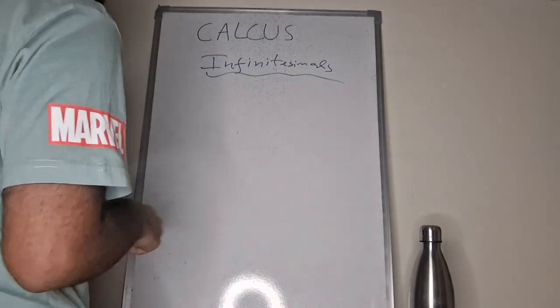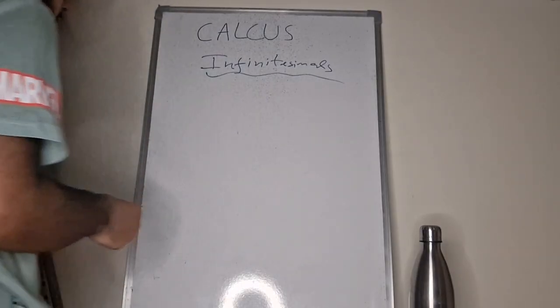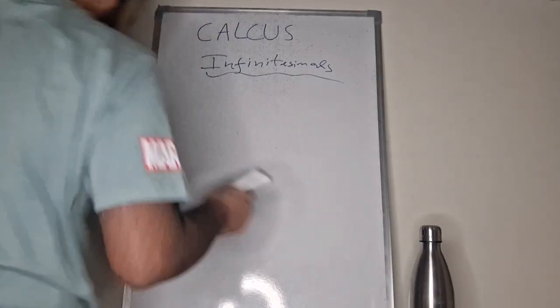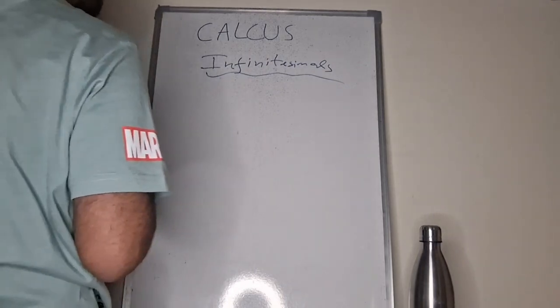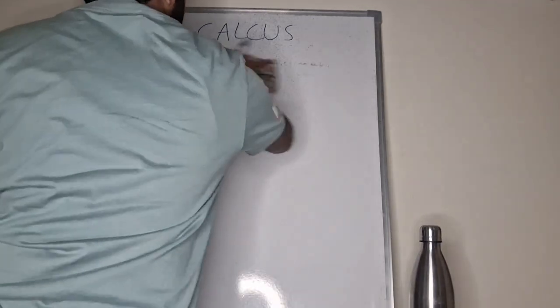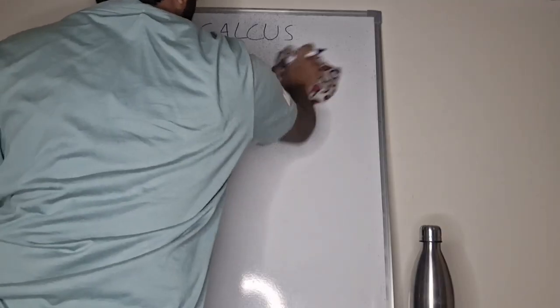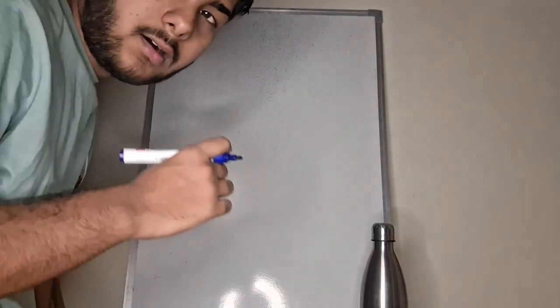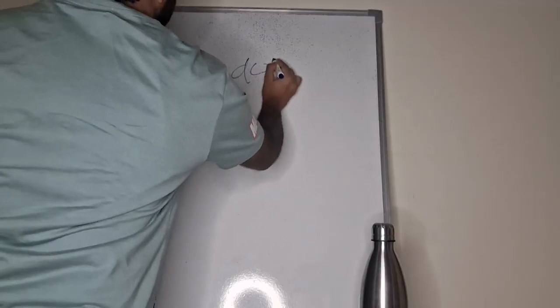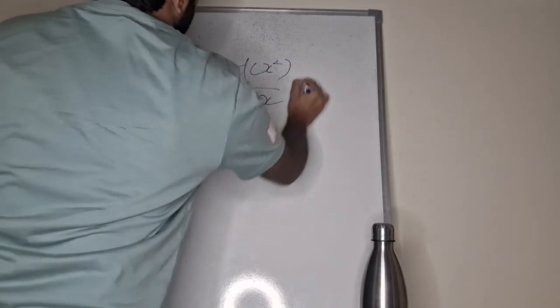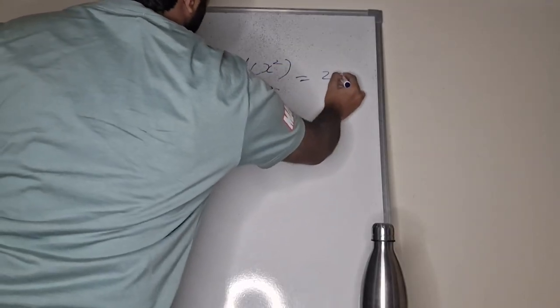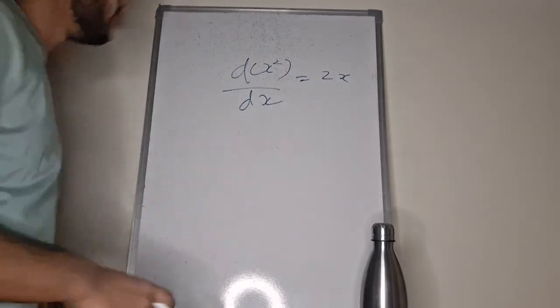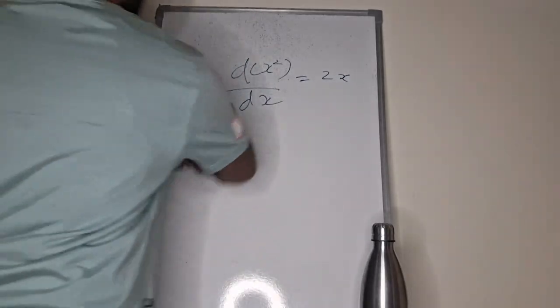What else do we have? Anyways guys, we also have this proof of d(x square) upon dx equals 2x. We have a geometric proof of this. Let me demonstrate this to you.